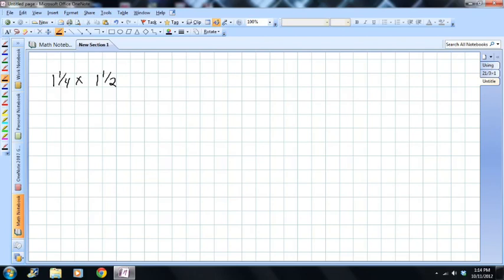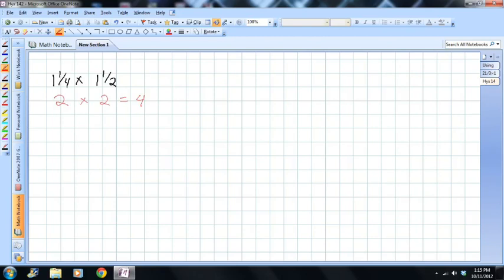So let's see how many rectangles we need. 1 and 1/4, the next whole number that's larger than 1 and 1/4 is 2. And the next whole number that's larger than 1 and 1/2 is also 2. So I'm going to need 2 times 2. I'm going to need 4 rectangles.